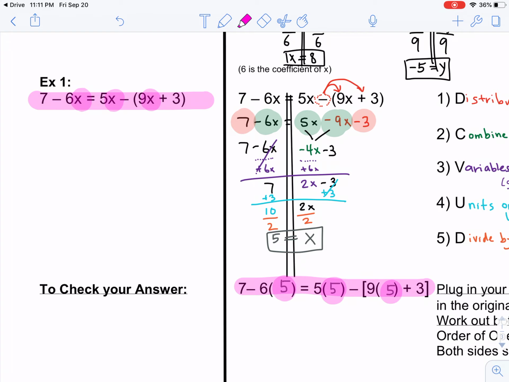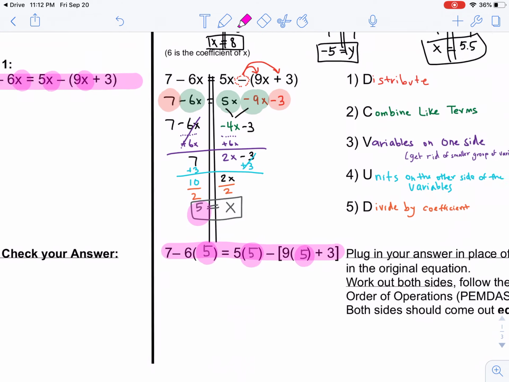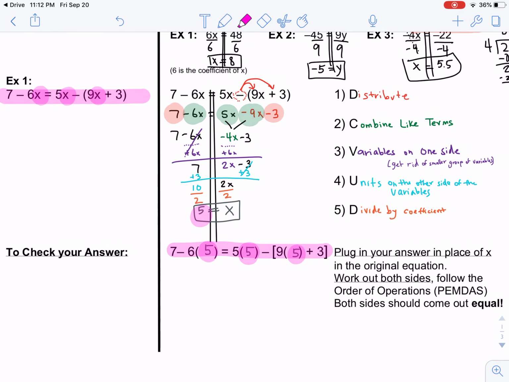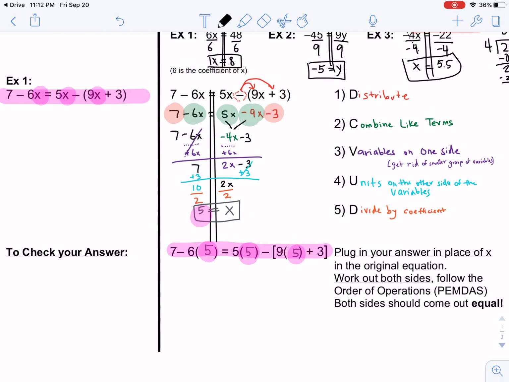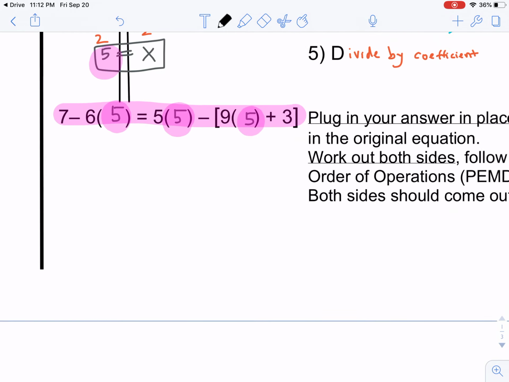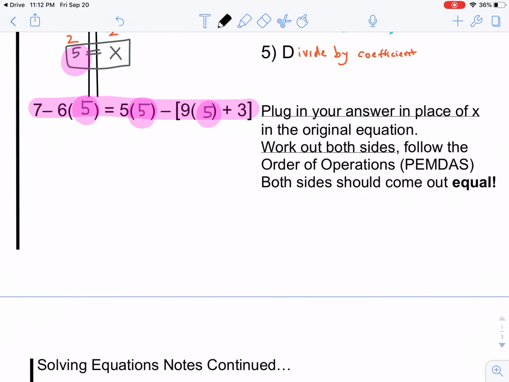Go ahead and take a look. You can see what we did was we plugged in our answer that we got in place of x. And what we should be able to do is take this and solve or simplify, following the rules of PEMDAS or the order of operations, and this should come out to be equal.